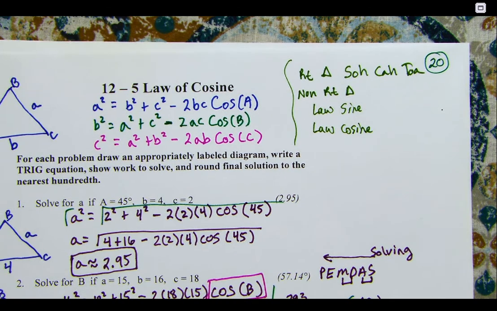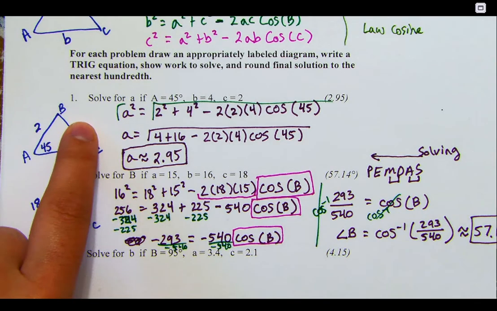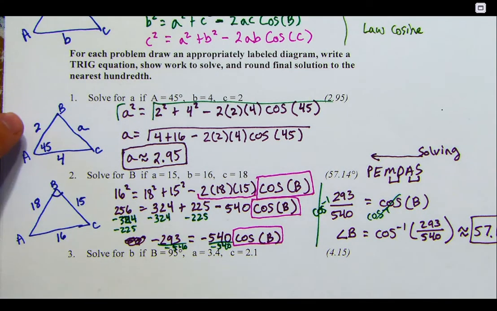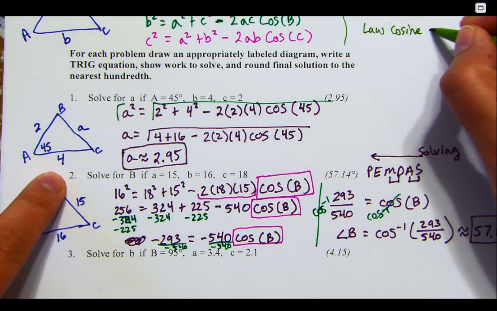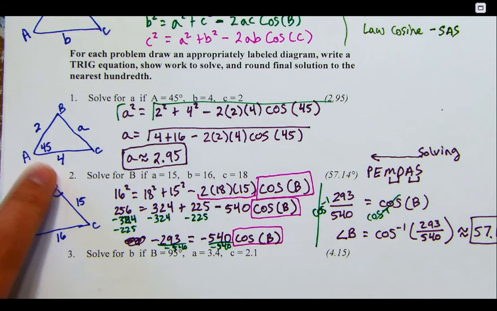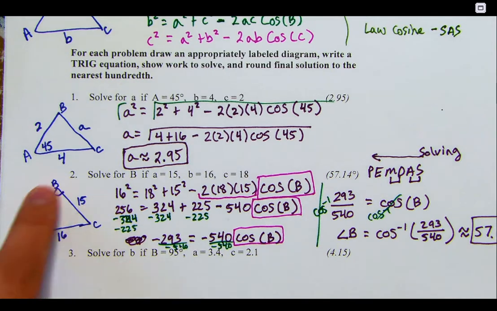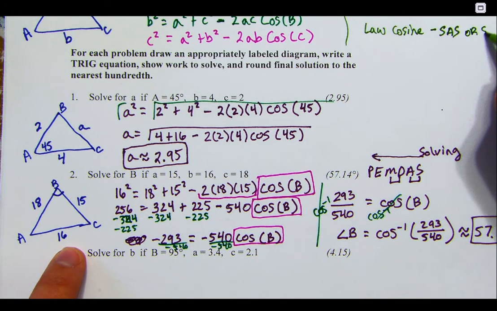For the law of cosine, if you look at our two examples here, when we were finding a side, we needed to be given side, angle, side. So for law of cosine, we have to be given side, angle, side. Or if we're finding an angle, notice how we were given all three sides. So side, side, side.